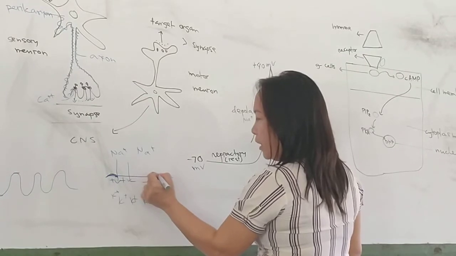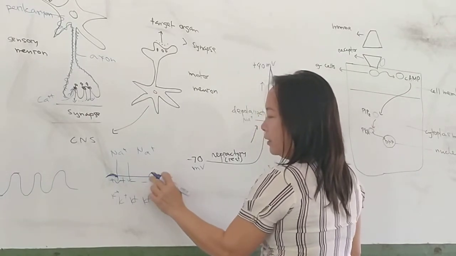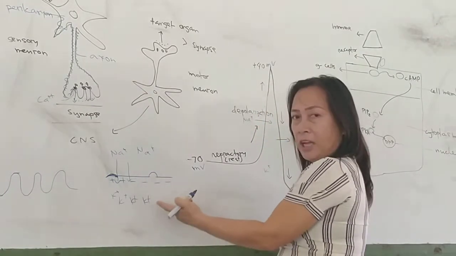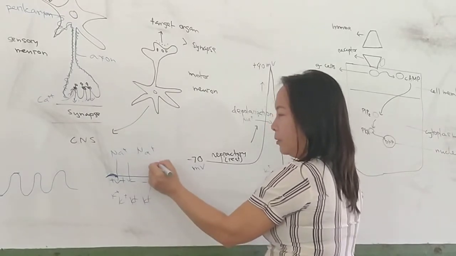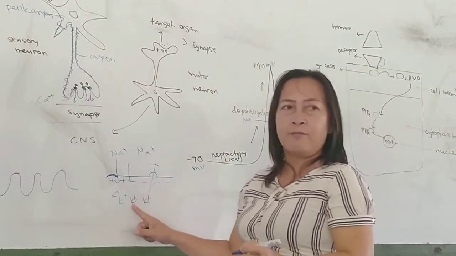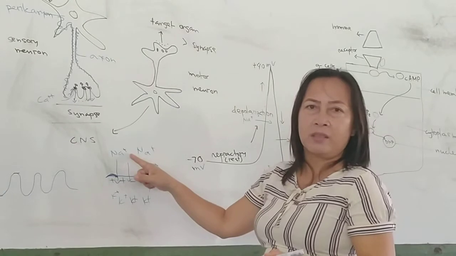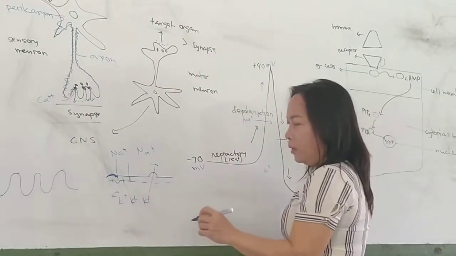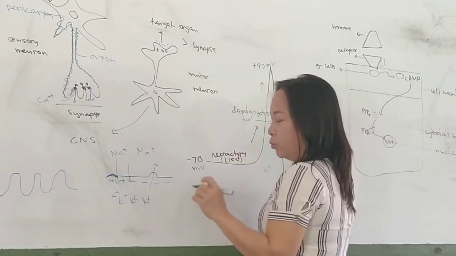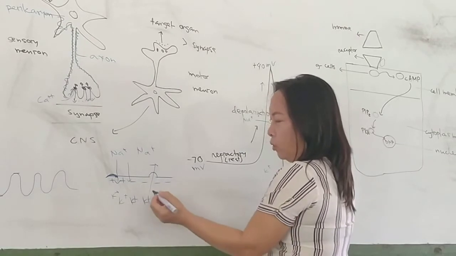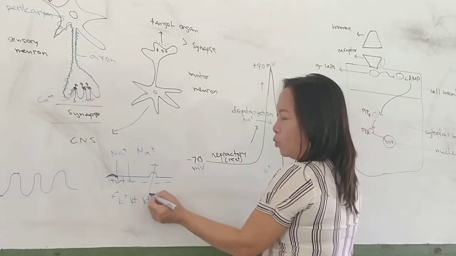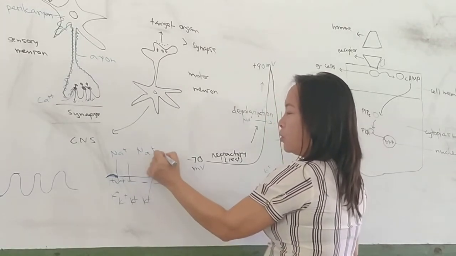So, the role now of the cell is to open up the potassium gate, so that potassium will get out. Remember, potassium has a positive 1 charge, and sodium has a positive 1 charge. What will the cell do is pump this sodium out.